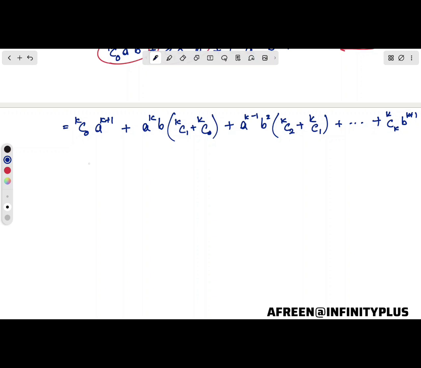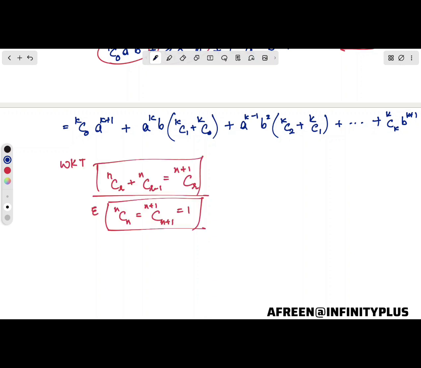Since we know the formulas of the combination, these are the two formulas from the combination which we are using in order to prove the binomial theorem. So first one is nCr plus nC(r-1) is equal to (n+1)Cr. So you can observe that this is of the form kCr plus kC(r-1), meaning 1 minus 1 which is 0.